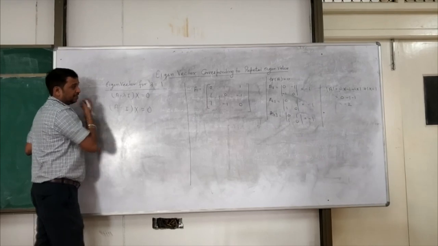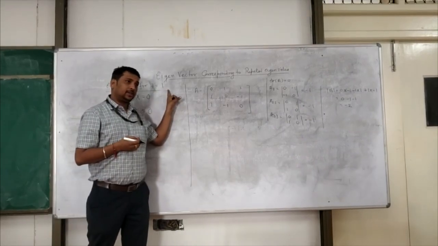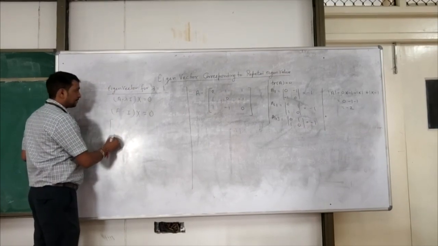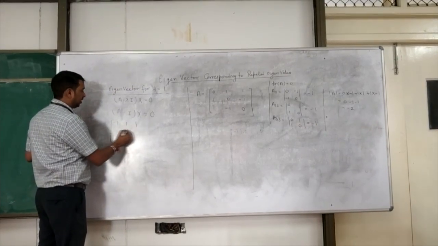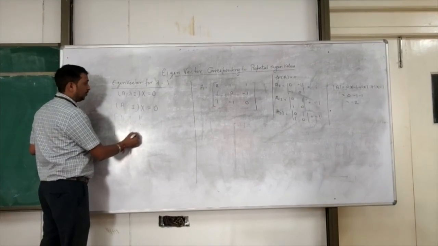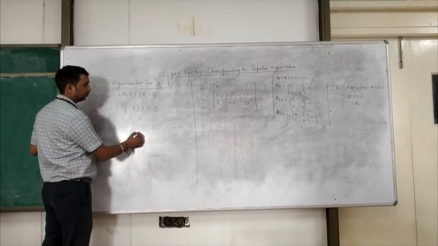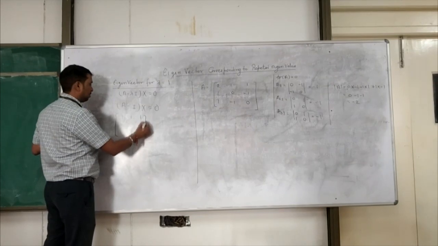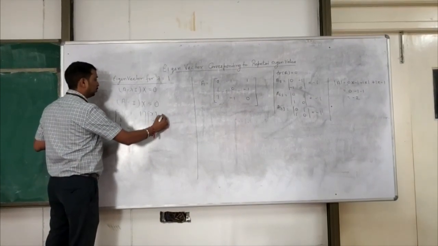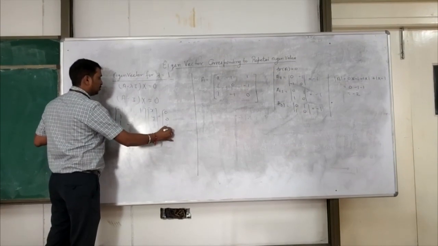It means subtract 1 from the diagonal. What is the value? Minus 1, 1, 1, 1, minus 1, minus 1, 1, 1, minus 1. Multiply with x, y, z is equal to 0, 0, 0.